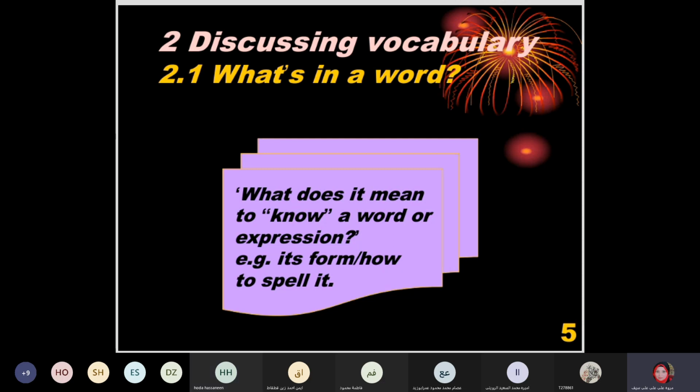register. One of the areas I know about a certain word is to know the register. The register is the classification of this word. Does it go to persons who are speaking in an informal way, or they are speaking in a formal way, in an official way, because they are at work, for example, or at an official organization.